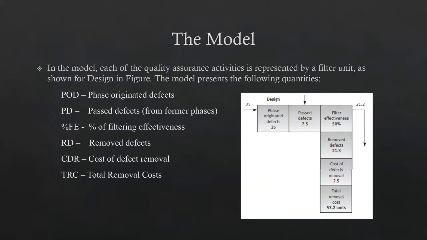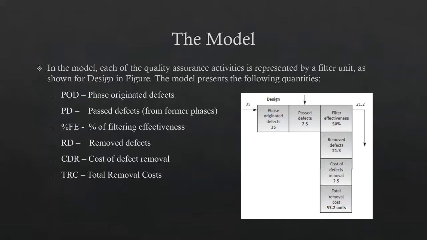In the model, each quality assurance activity is represented by a filter unit, as shown for design in the figure. The model represents the following quantities. The first one is phase originated defects. The second one is passed defects from the former phases.